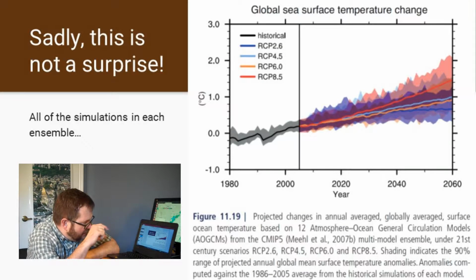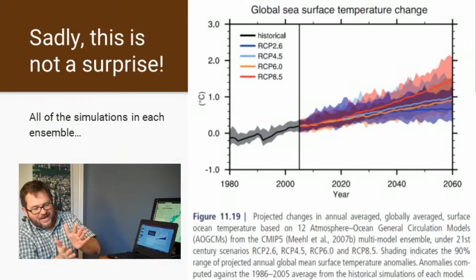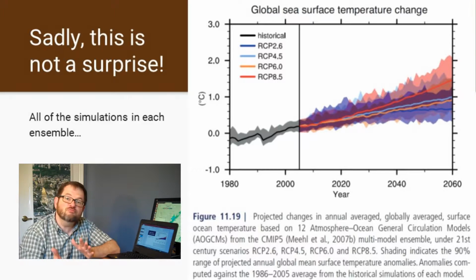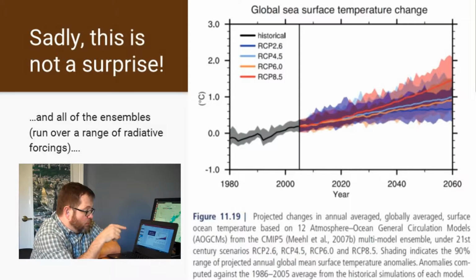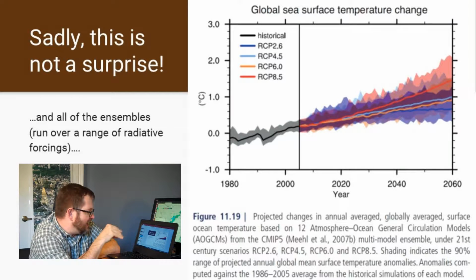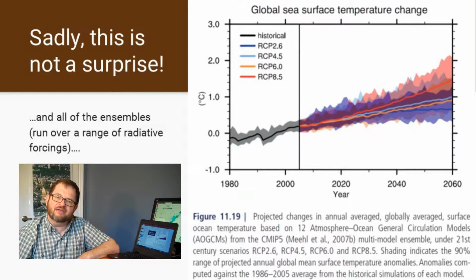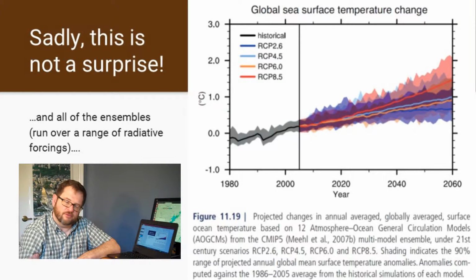So the pink area or the purple area or whatever represents the range of forecasts of the 42 members of the ensemble. They ran those 42 models, each for each of 4 different sets of boundary conditions, RCP 2.6, 4.5, 6.0, and 8.5. So we have a set of these runs, okay?